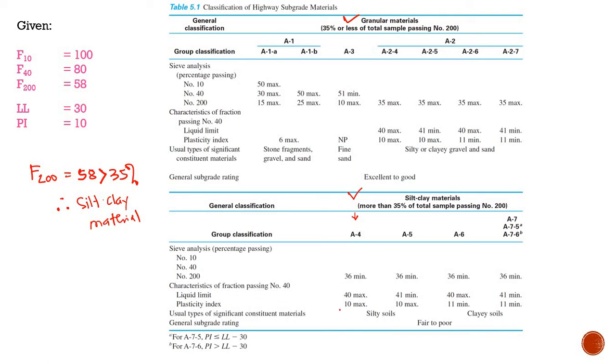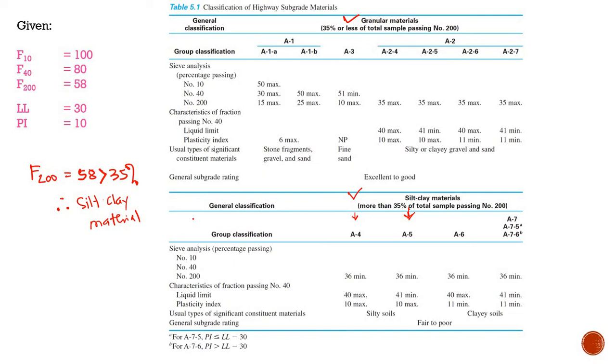Now, if one condition is not satisfied, we move to the next group. So, all the conditions here must be satisfied. If one is not satisfied, we move to the next group. If the group satisfies all the conditions, automatically, that will be the classification of our soil.